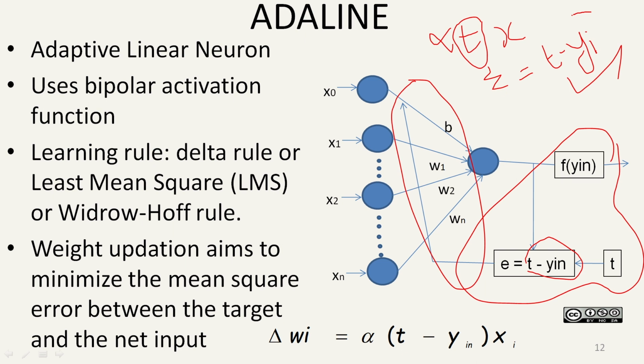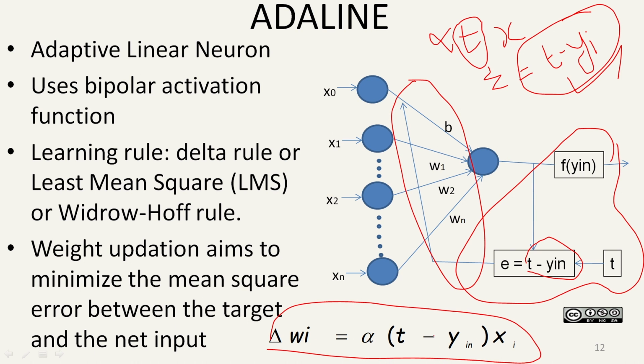So the change in weight value is alpha into the error into x. For the bias, we take only the error quantity. This method is very popularly called the delta rule or least mean square calculation, otherwise called the Widrow-Hoff rule. So this is a very popular formula.